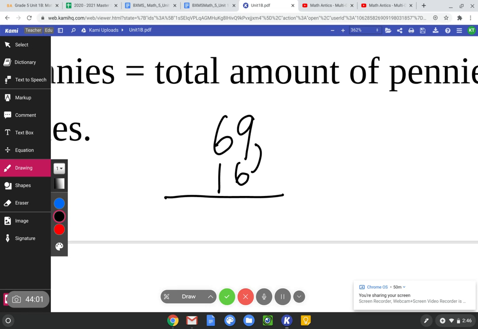Start in the ones place. 6 times 9, that's going to be 54. But the 5 is going to be in my way, so I'm going to put it in the add it. 6 times 6, 36. But I still have this 5. 36 plus 5, that's going to be 41.